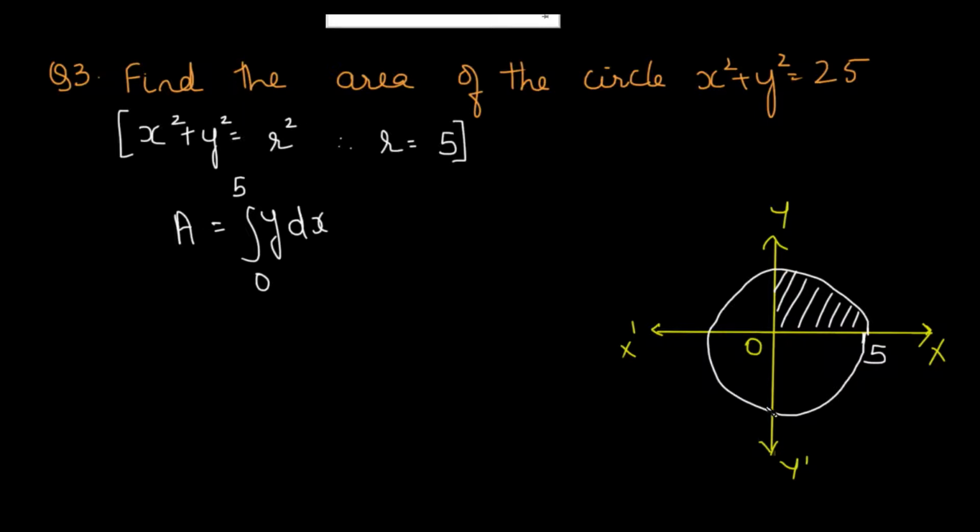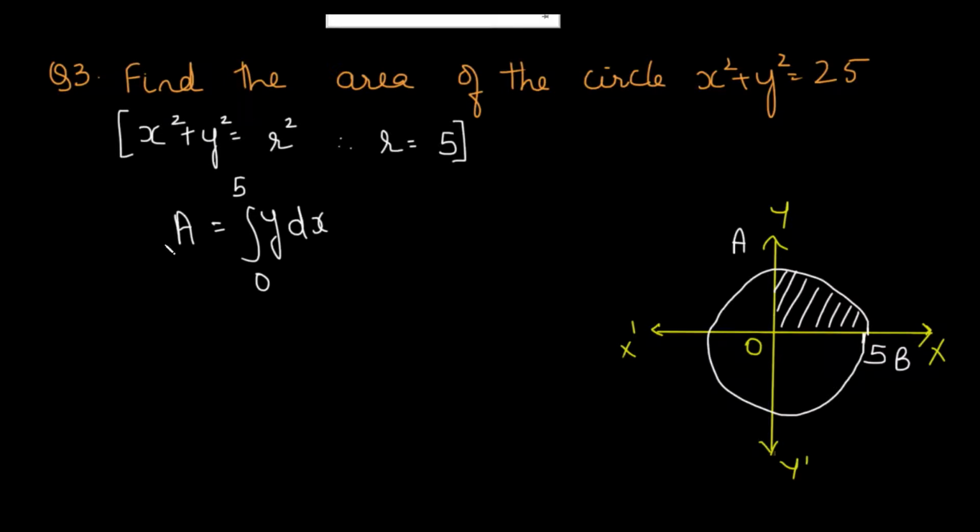So to find the area of the entire circle, we just multiply the answer we find for this area by 4. So we first find the answer for this area and multiply that by 4. Suppose we name this region as OAB.